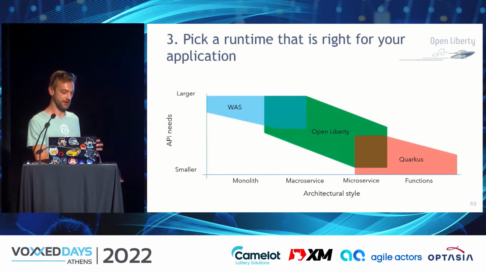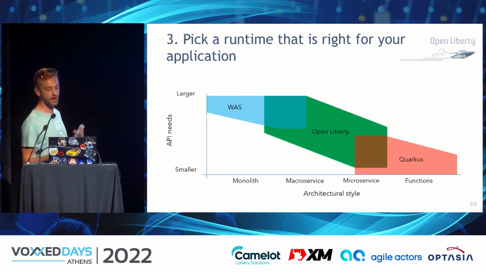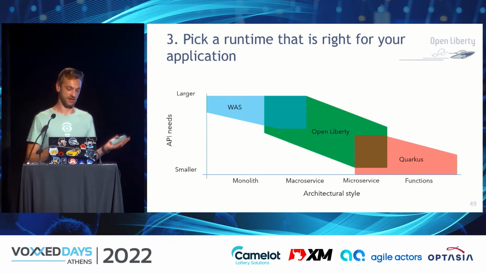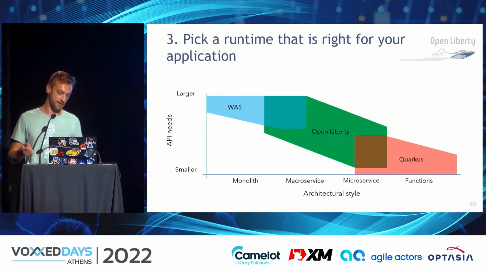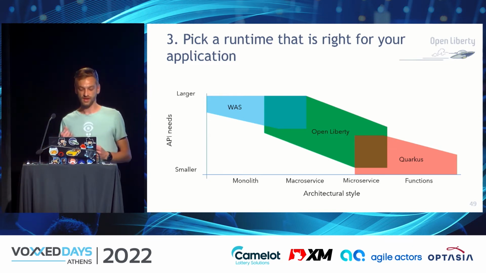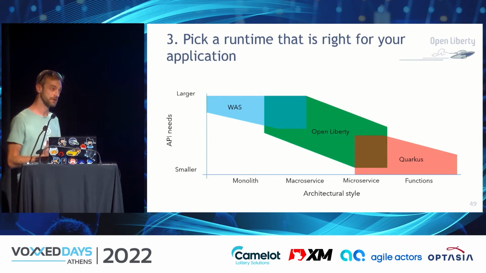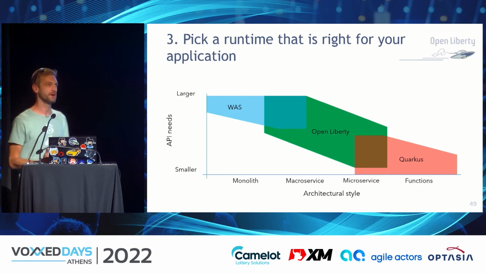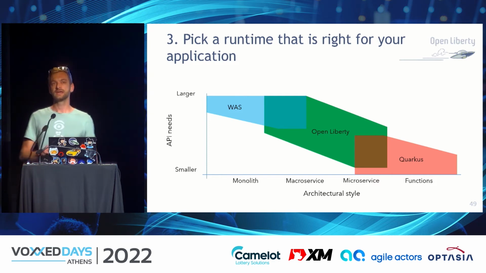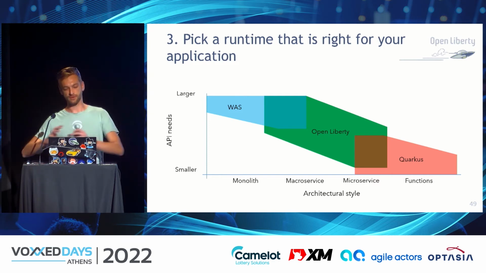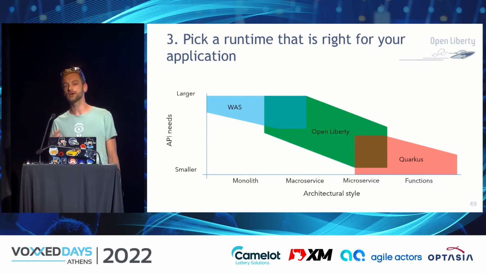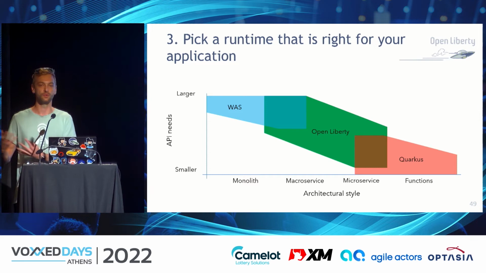So going back to the runtime thing, this is a little architecture graph I have here. You'll see something called a macro service. It's a bit of a debatable term, but a macro service is not a distributed monolith. A distributed monolith is what I'd say is a well-architected monolith. A macro service, I find, is where people try and take apart a monolith, they try and break it into microservices, and then they realize some of the services are so highly coupled together, they'd have to rewrite all those services.